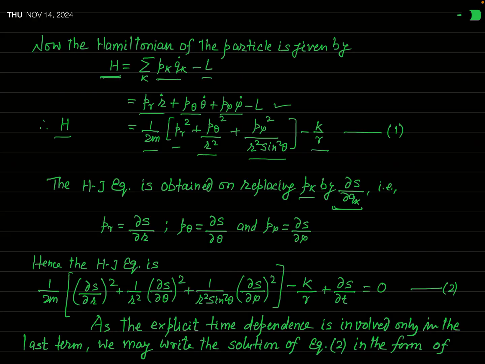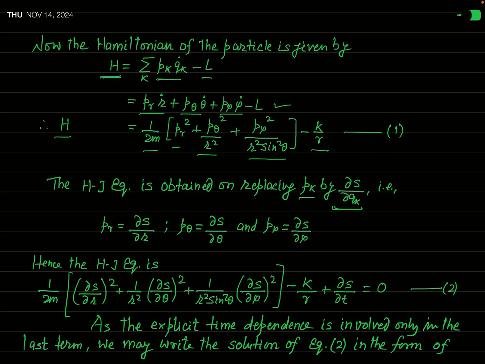This is called Hamilton's principal function. If you have watched the Hamilton-Jacobi theory videos earlier on my channel, you can see the complete concept of this Hamilton's principal function there. If you have not watched those videos, I suggest you go through all of them on Hamilton-Jacobi theory, because only then can you understand this action angle variable concept.